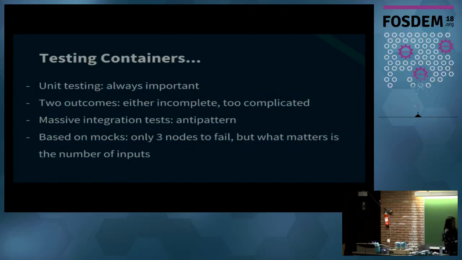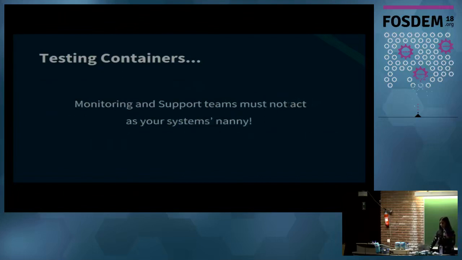But also we have the conception, and that is true, that only 3 nodes are necessary to test a whole distributed system. It doesn't matter how large or small it gets after that. What matters is not how many nodes, but the number of inputs that we put. So then the mock gets massive.